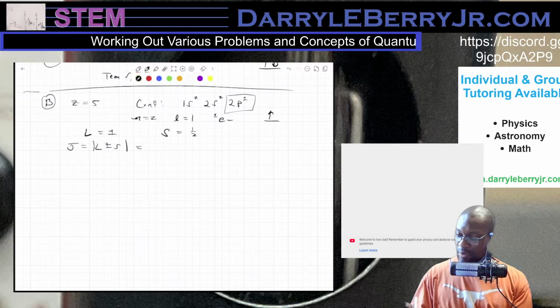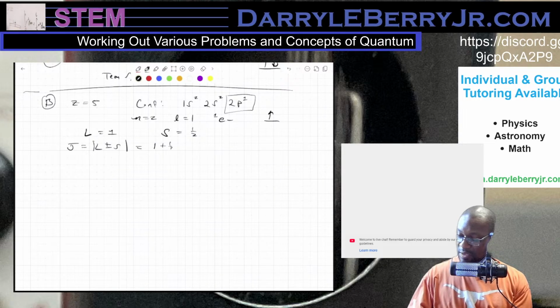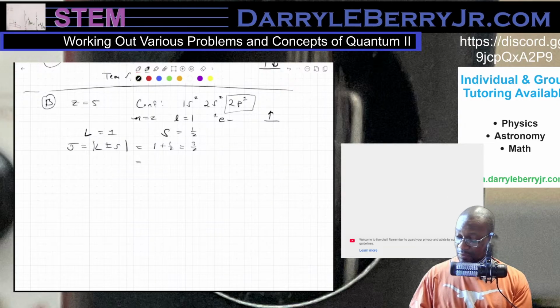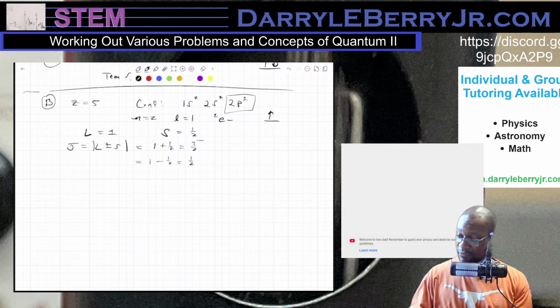Now that we have 1 and 1/2, 1 plus 1/2 equals 3/2, and 1 minus 1/2 equals 1/2.